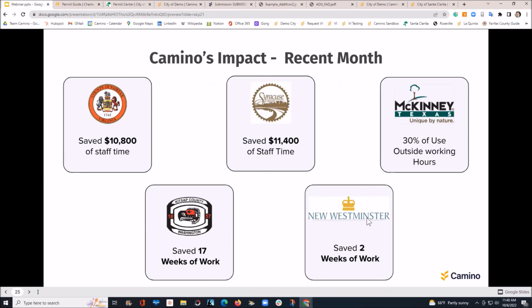New Westminster, which is only about 35,000 people in British Columbia, saved 2 weeks of work. I think we talked about McKinney and 30% of the use of the system happening after hours. Kitsap County, which is one of our raving fans, is saving 17 weeks of work in a month with our system, and pretty much every city around them is using Camino now because they're seeing those savings.